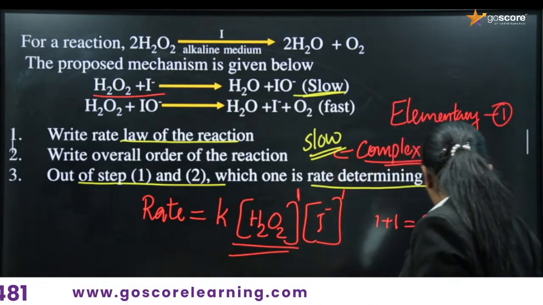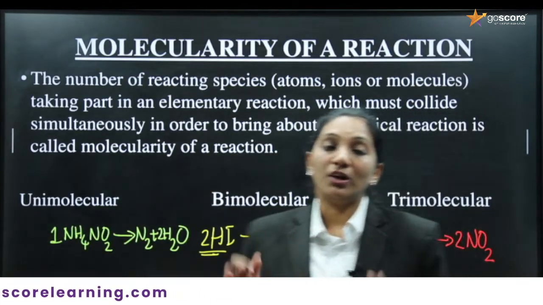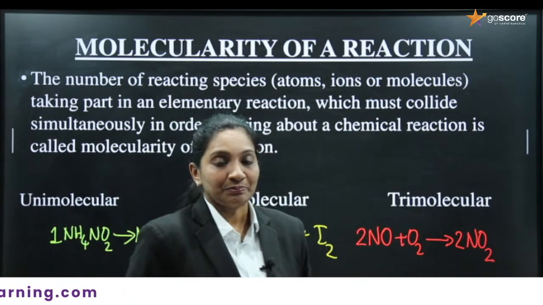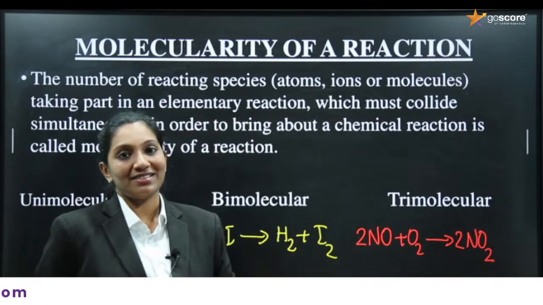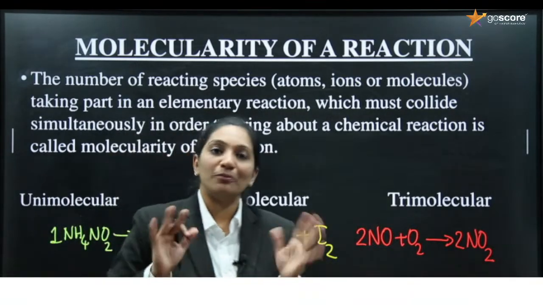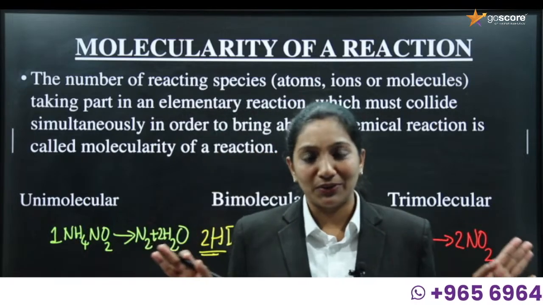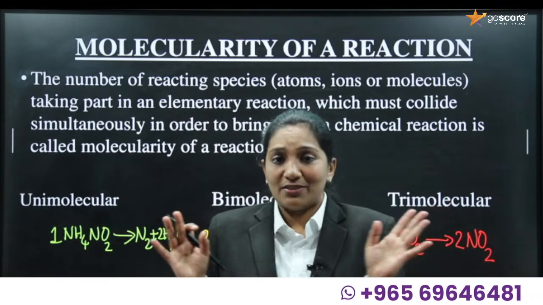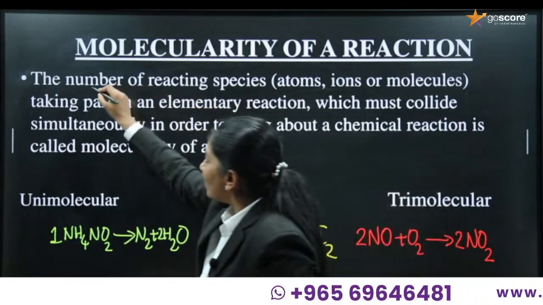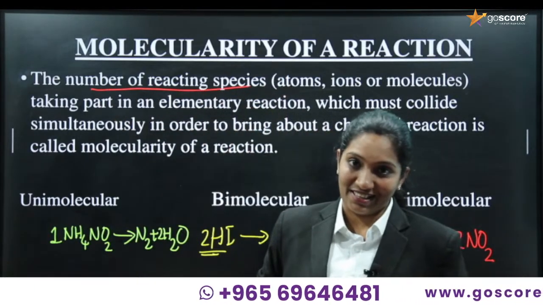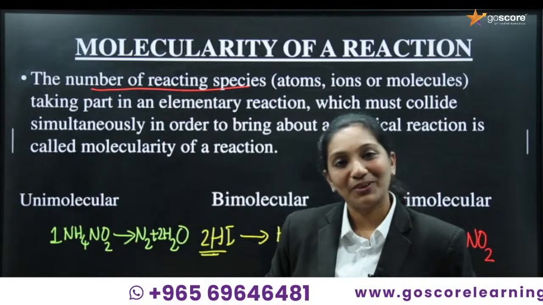Now, let's see one more thing that is also very important, that is the molecularity of a reaction. Molecularity means nothing but how many molecules are there in the reaction. That may be atoms, ions or molecules, the reacting species. That is, how many reacting species are there, that is the molecularity.